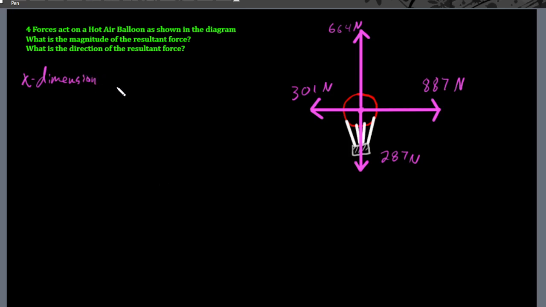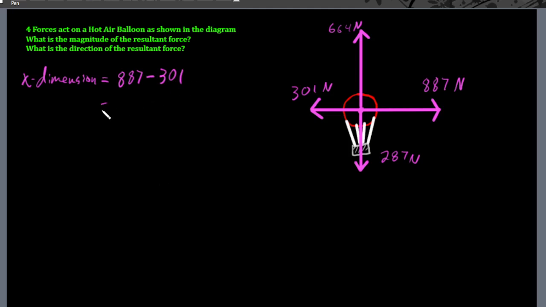In the x dimension, we have a force of 887 to the right, and I'm going to call to the right positive. Then I'm going to add a negative vector since this one is to the left. Instead of adding a negative, I'm just going to subtract 301 newtons.